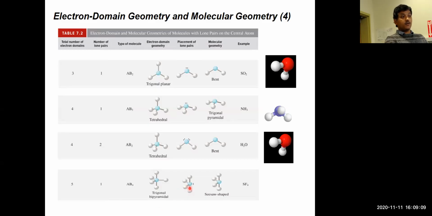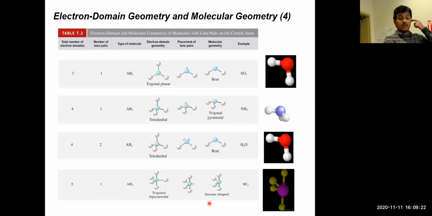So if you replace one of the bonds with a lone pair, you're going to have this seesaw shape. Using this, you can predict the molecular geometry as a seesaw-shaped molecule. An example is SF4. If you draw SF4, it will have this seesaw shape, one flat and two bonds coming out of it. So, seesaw shape.